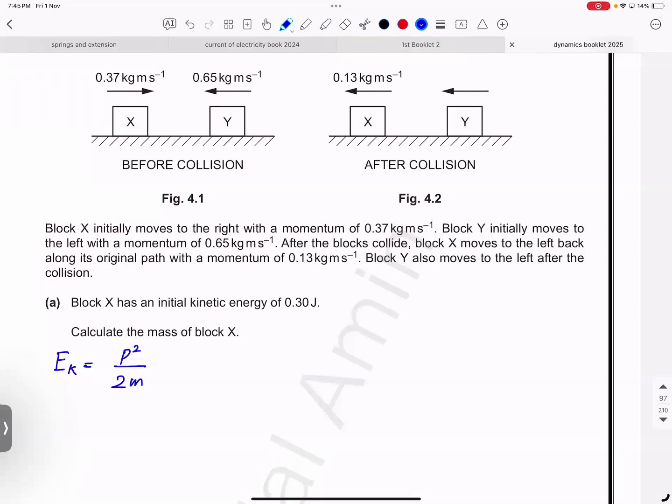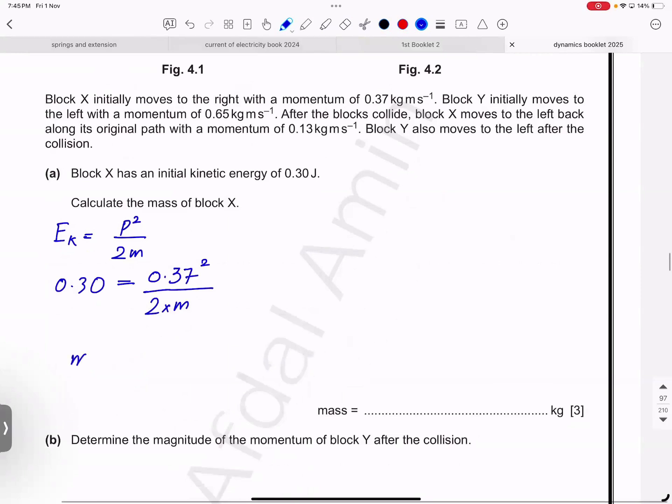So kinetic energy of X is 0.30. Momentum of X was 0.37, squared, over 2 times M. So M is 0.37 squared over 2 times 0.30.